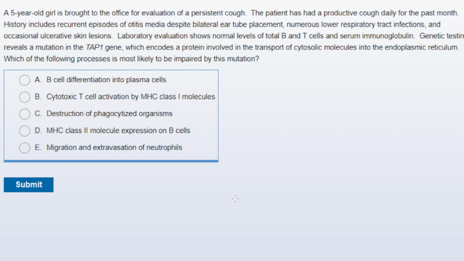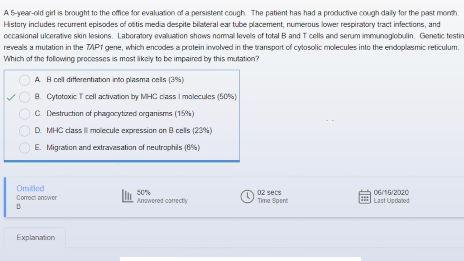Remember, TAP1 is the transporter that facilitates the transport. So in this case the answer is B, cytotoxic T cell activation by MHC class 1 molecules. Perfect.